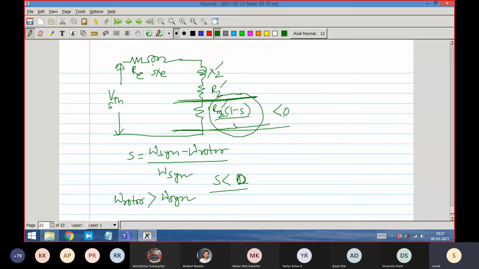A negative resistance is related to the generation of power, because ordinary power is I square into R, right? I don't care whether I's expression is positive or negative. It doesn't mean anything.